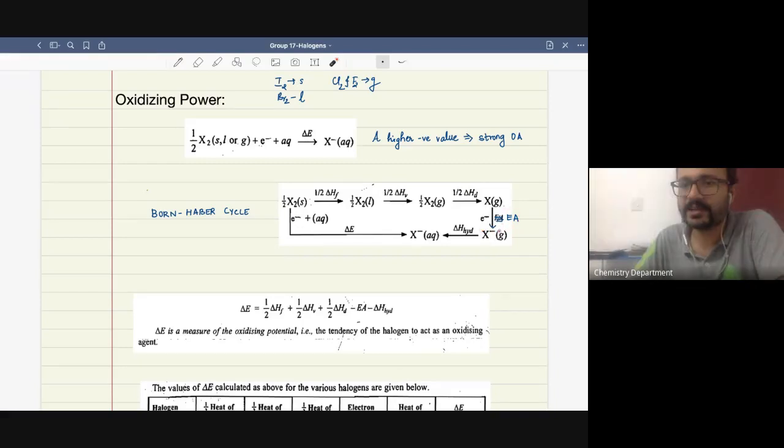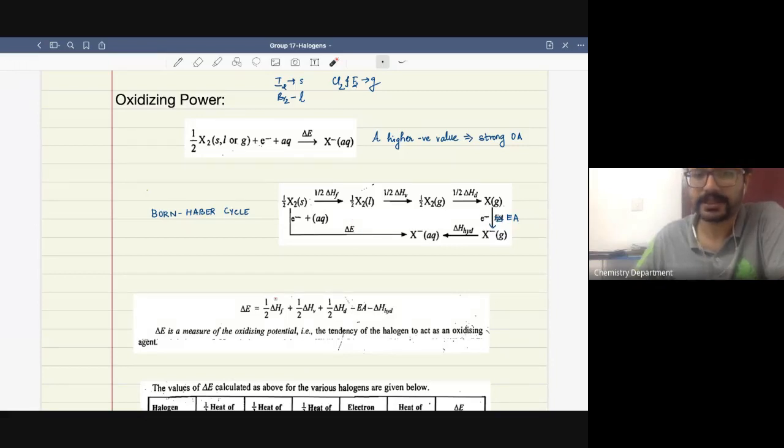Okay, and then once X minus gaseous state is formed, you can hydrate it to get the X minus aqueous. Okay, so all these values are available with us, that is fusion value, vaporization value, dissociation value, electron affinity value, even hydration value for almost all the ions are known in various tables. Okay, so this connectivity would help us to decipher the approximate value for the delta E.